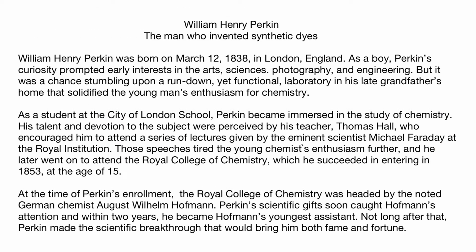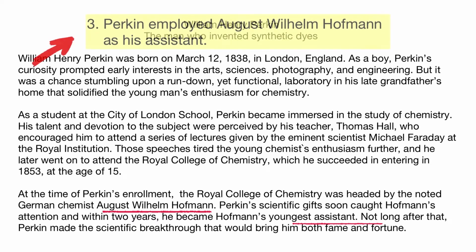Now for answer number 3, well, our step number 1 is already done. While we were finding answer to question 2, we did find the location for answer 3, where we found keywords like August Wilhelm Hoffman and assistant. So the question says, Perkin employed August Wilhelm Hoffman as his assistant. And the text says, Perkin's scientific gifts soon caught Hoffman's attention, and within 2 years, he became Hoffman's youngest assistant.